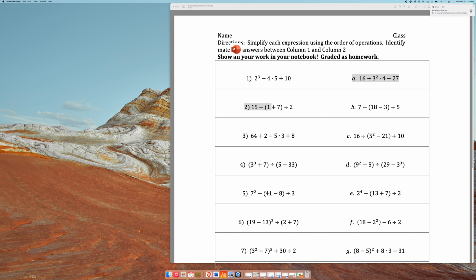6 says 19 minus 13 to the second power divided by 2 plus 7. Order of operations, we have 2 grouping symbols, so we're going to take care of this guy and this guy. On the first parenthesis, we got 19 minus 13, which is 6. I'll leave it in parentheses this time, and I'm going to raise that to the second power.